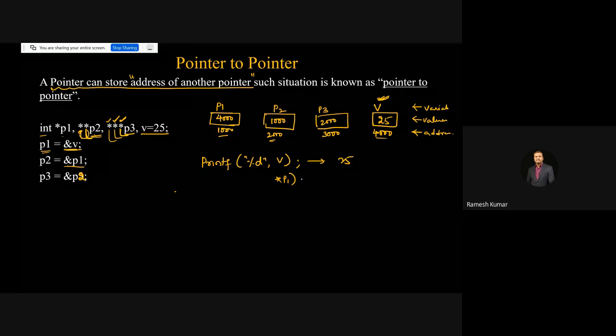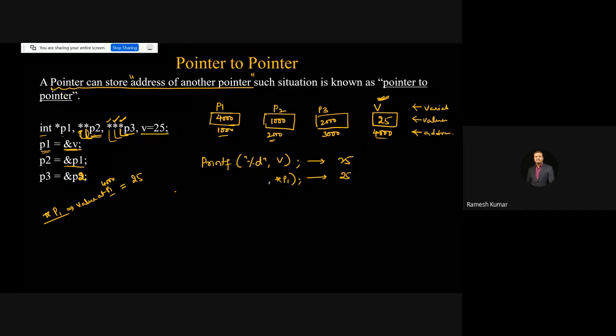What is star P1? Star P1 says value at P1. P1 is 4000, so it shows the value at location 4000. In location 4000, what value is there? 25. You are going to get the same thing.